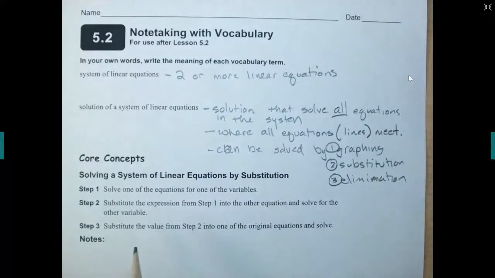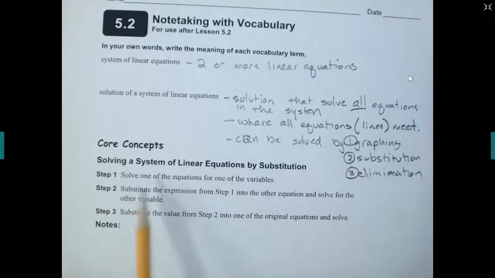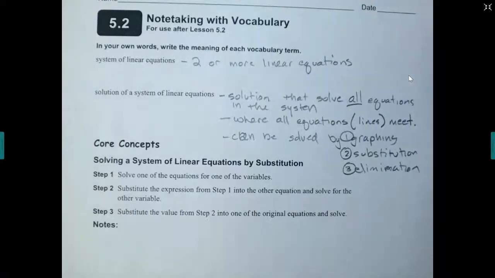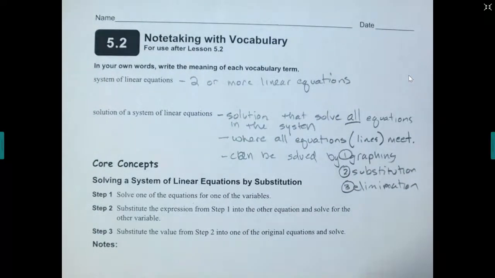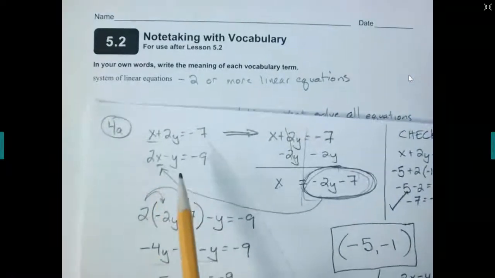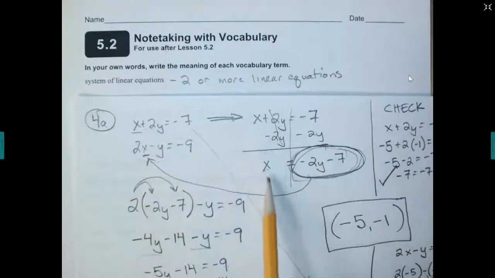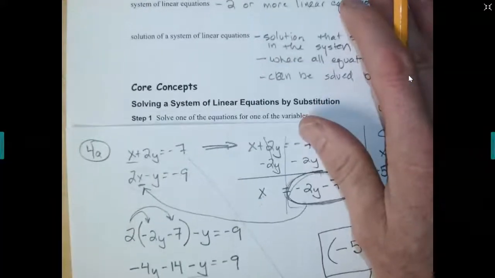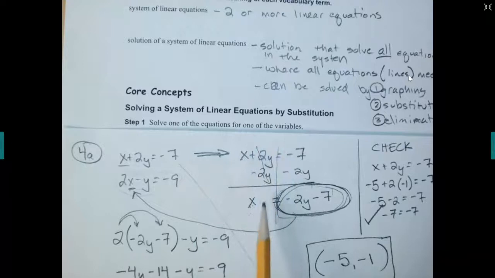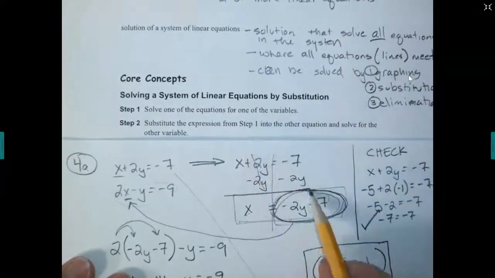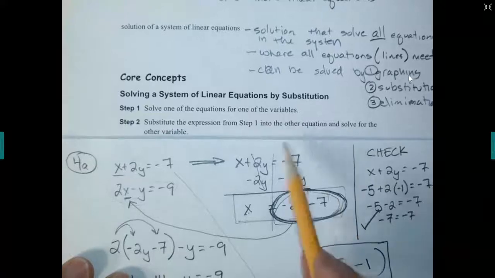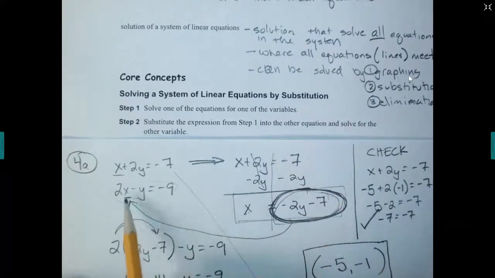And here are the steps to solving a system of linear equations by substitution. Solve one of the equations for one of the variables. If you remember, the very first thing I did was I solved for x. Number two, substitute the expression from step one into the other equation.